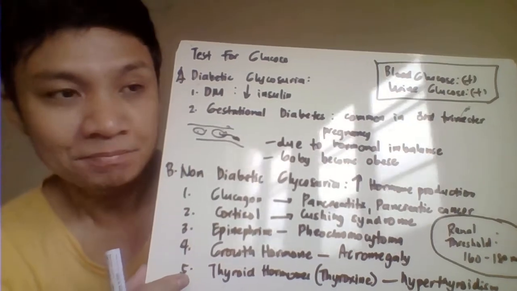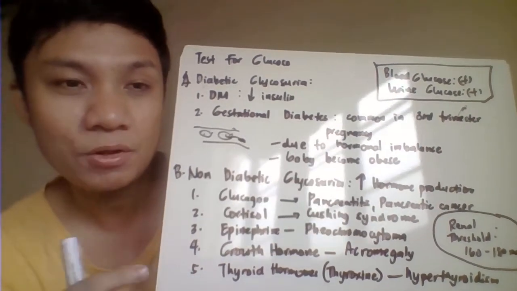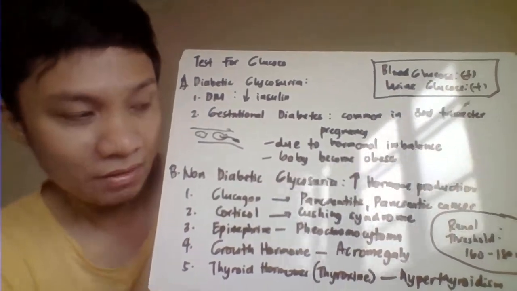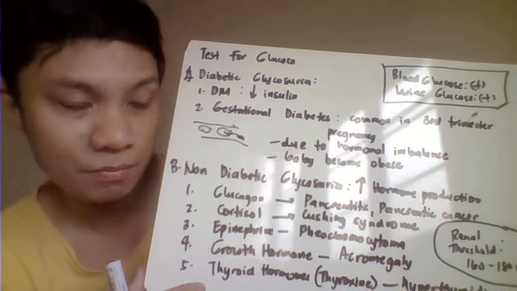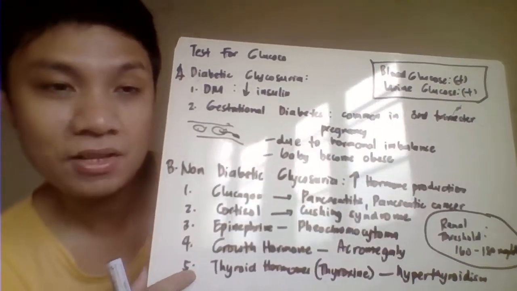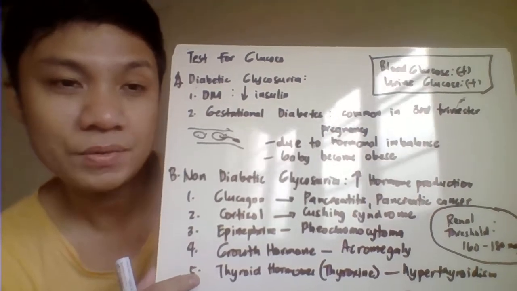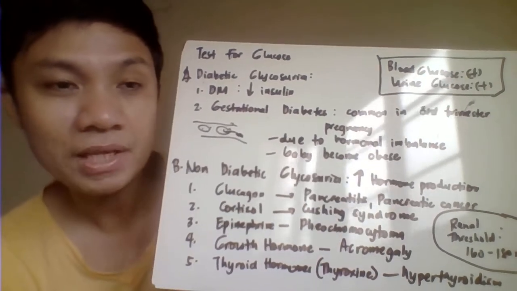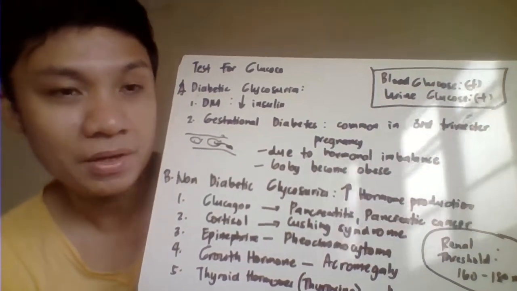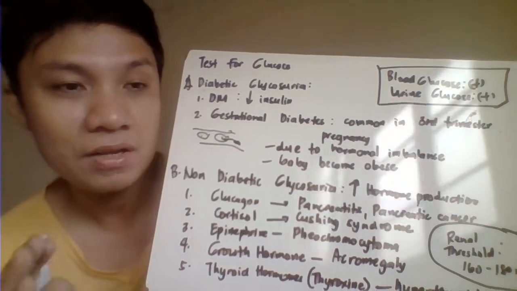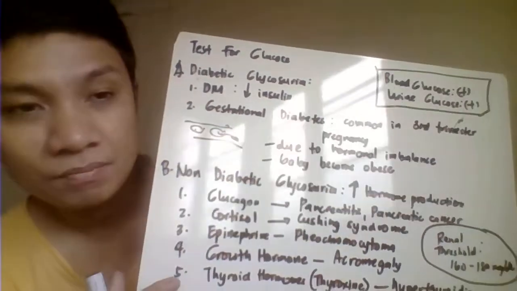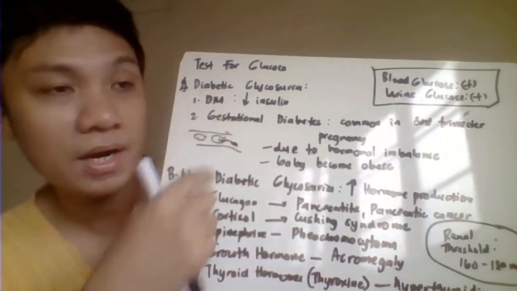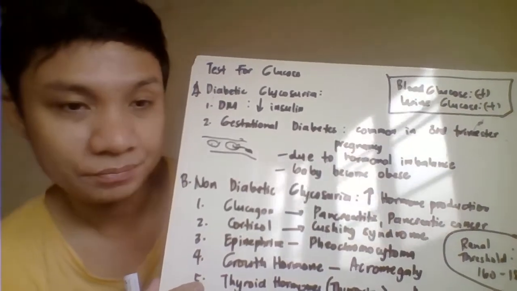Some of the glucose goes to your ultrafiltrate as part of the filtered glucose. Upon reaching the proximal convoluted tubules, remember that the renal threshold for glucose is up to 180 mg per dL. Therefore, much of the glucose more than that would overflow into your urine. If you test the urine of the patient, you have increased glucose even in your urine and your blood, which is associated with diabetic glycosuria.